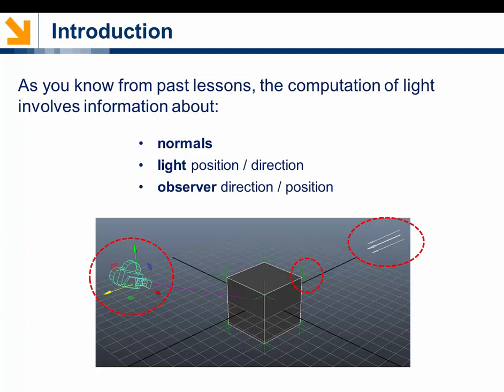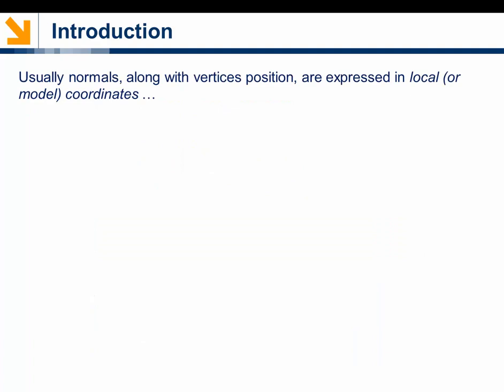And also we have the observer, which is the camera usually, which has some sort of position inside the 3D world and a direction of looking. Usually what happens? Normals and vertex position are usually expressed in terms of local coordinates.